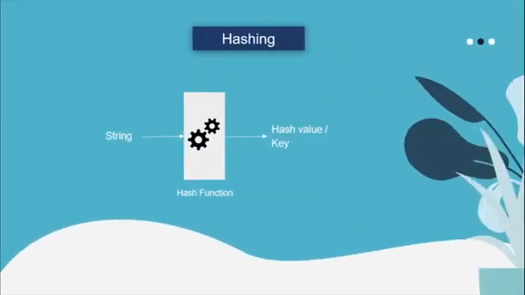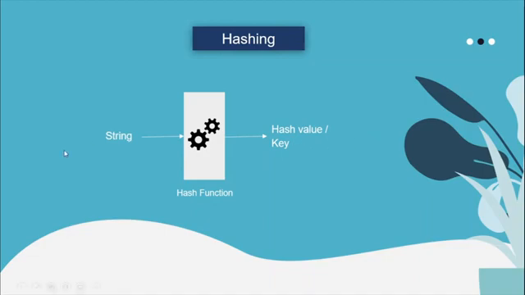So string hashing means that we'll be converting or assigning each string a fixed length integer. We'll be mostly working with integers because comparison of integers is a constant time operation. For each string, we'll be passing it through a hash function, a function whose work is to generate string hash values or keys.